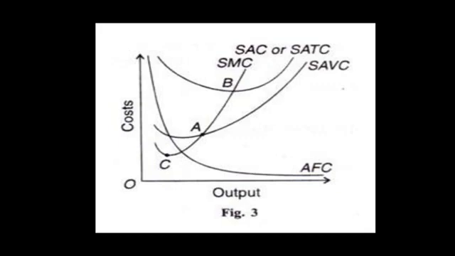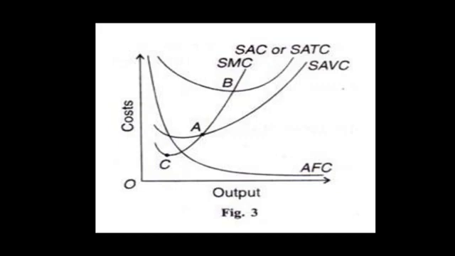The average variable cost curve is falling till point A, and up to this point marginal cost continues to be lower than average variable cost. If we take the short run average total cost curve, it is falling till point B, and up to point B marginal cost continues to be lower than the short run average total cost.